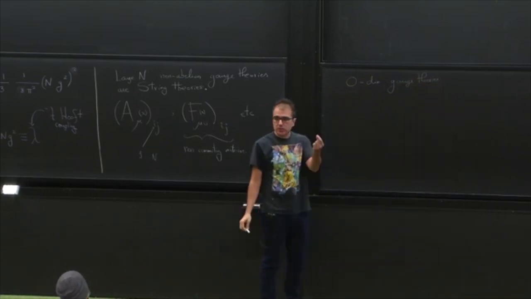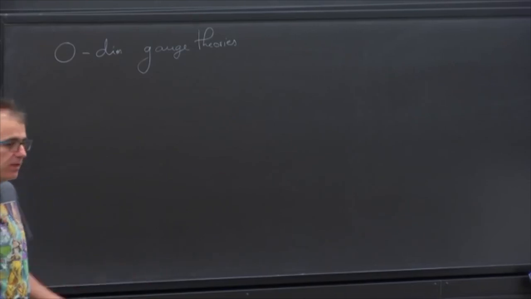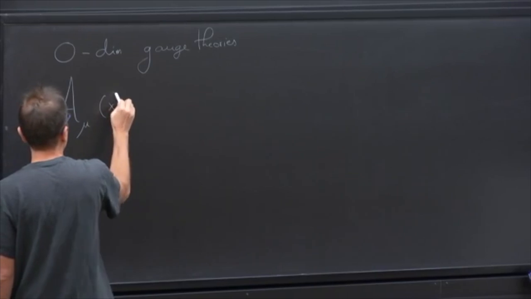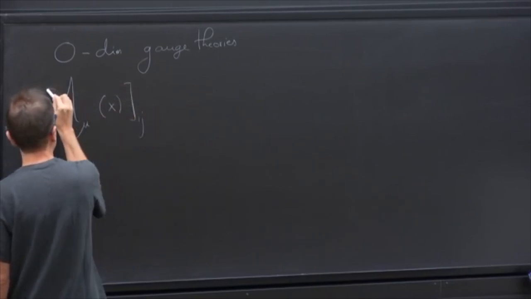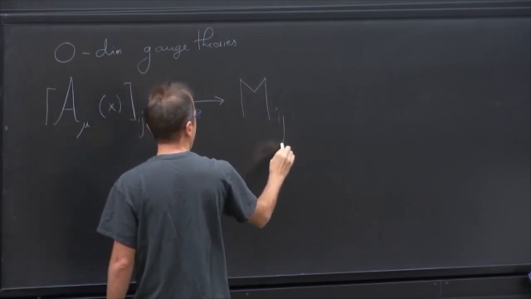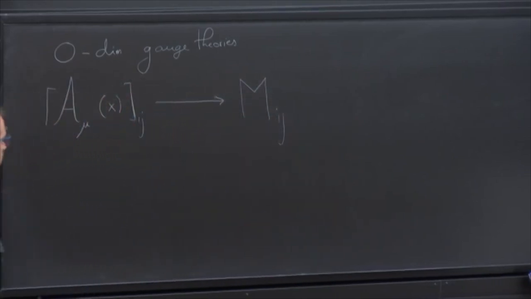In other words, space-time is just a point. There's no space-time. And instead of our gauge field A mu of x, i, j, we will have simply a matrix M, i, j. So space-time is one single point.